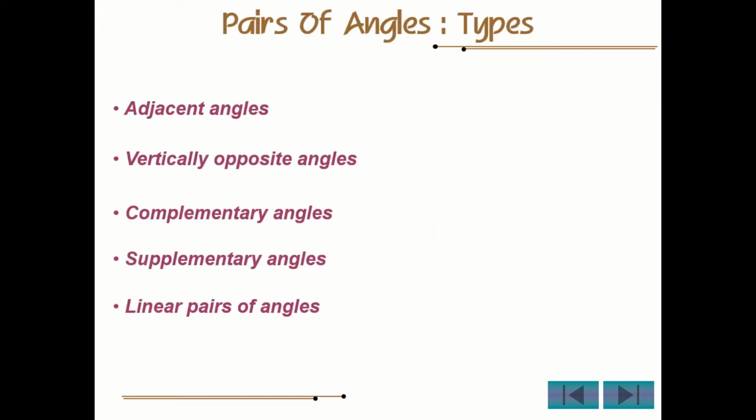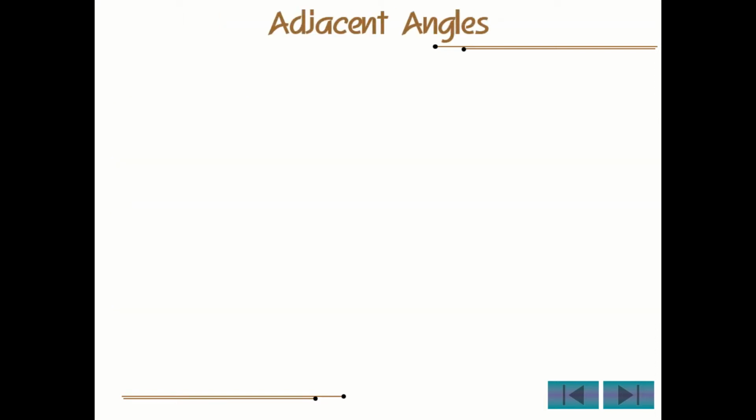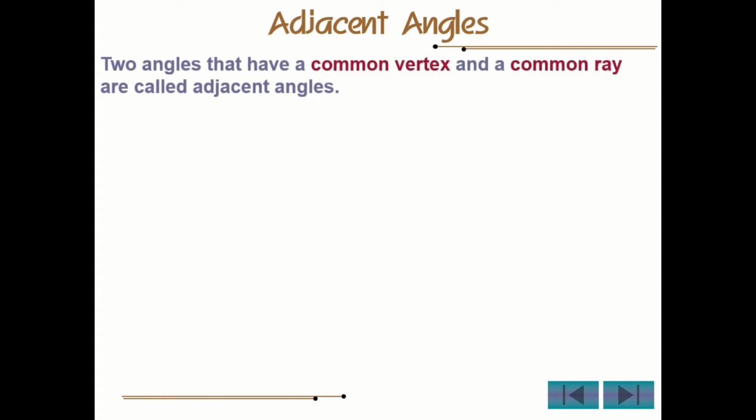Next, pairs of angles and their types. We have adjacent angles up to linear pairs of angles. First, adjacent angles: two angles that have a common vertex and a common ray.